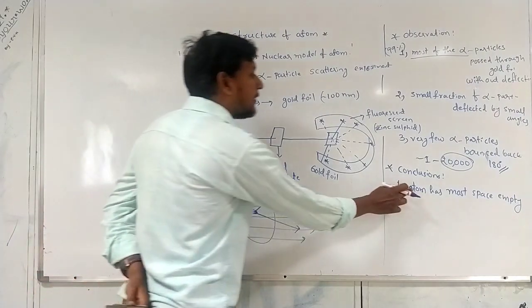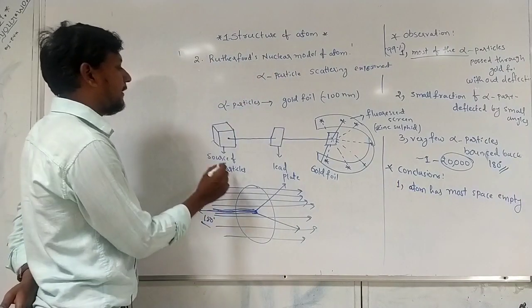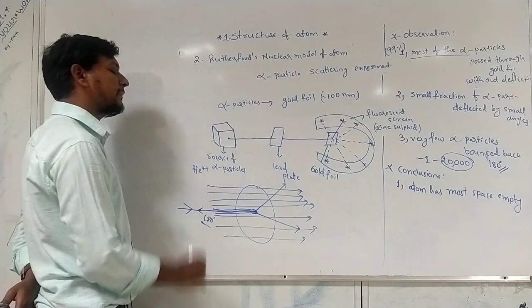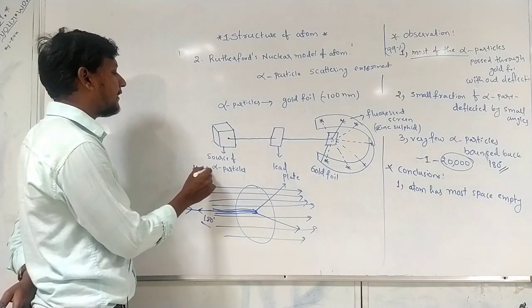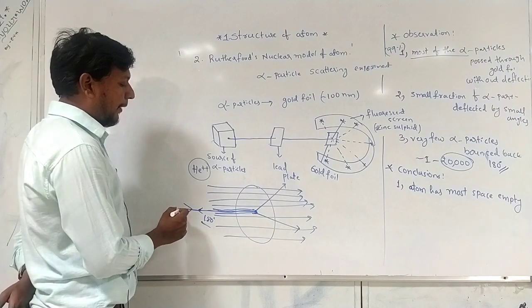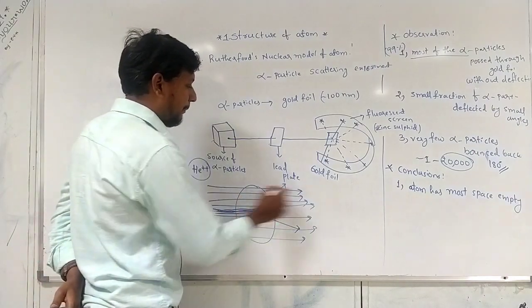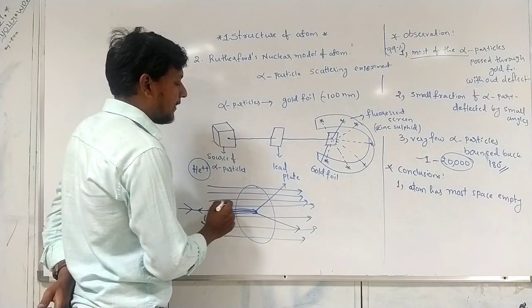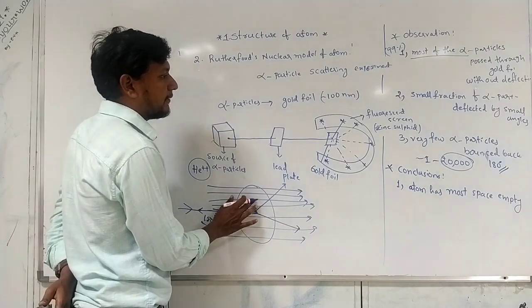Why is this conclusion given? Because alpha particles are nothing but helium plus, which are positively charged. Here the positively charged particles pass without deflection.